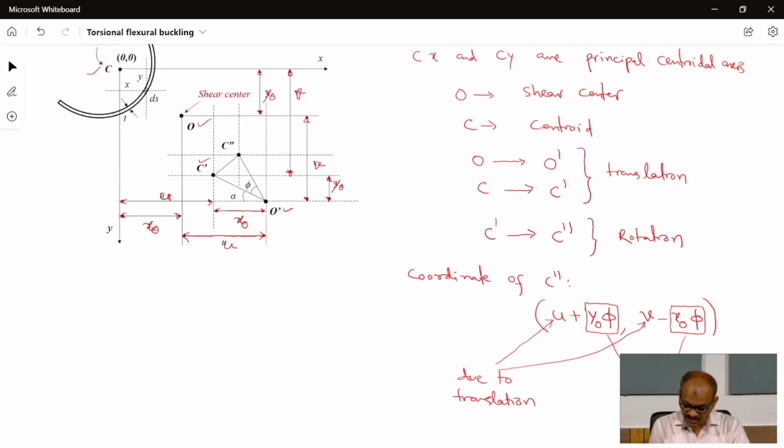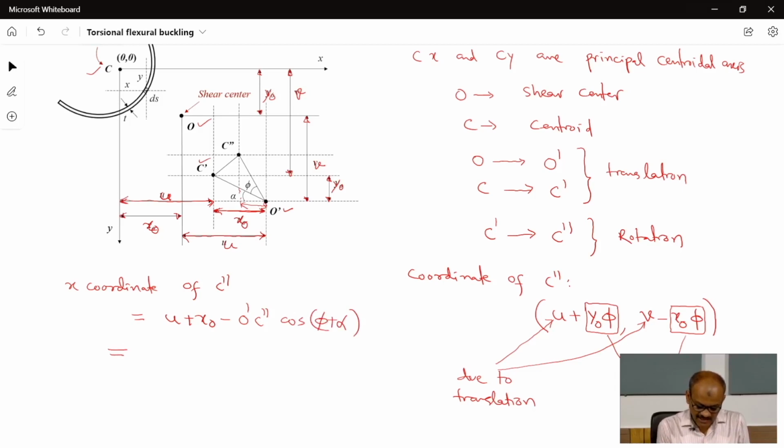The X coordinate of C double dash we can write as U plus X naught. Then we will have to subtract this distance, that is minus O dash C double dash cos of phi plus alpha.